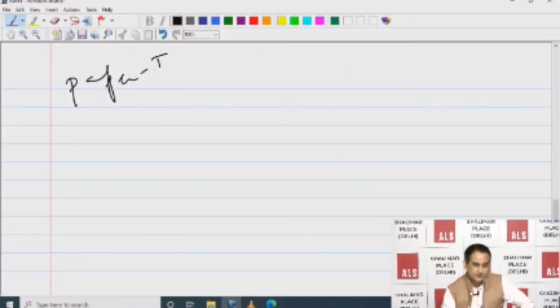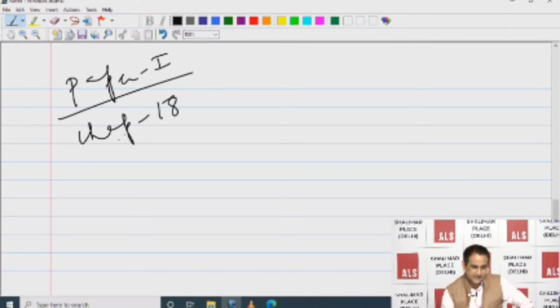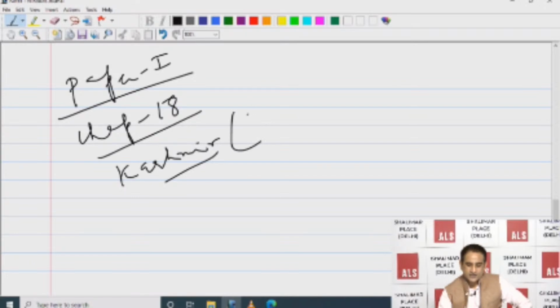Suppose in Paper 1, chapter 18, they have mentioned a topic called Kashmir, and in brackets they have mentioned Jainul Abidin.